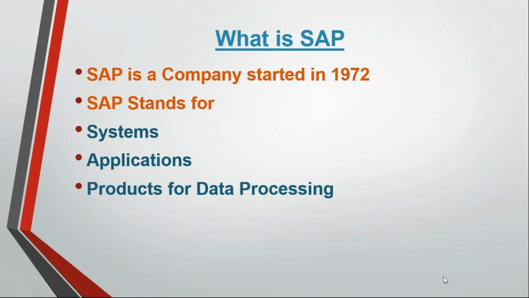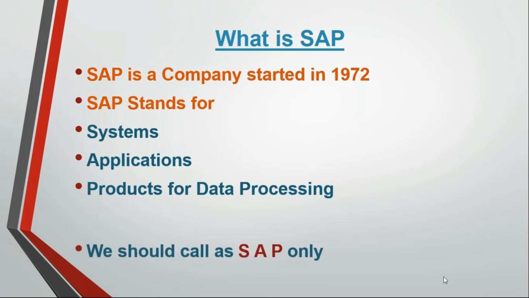Systems means operating systems; with the combination of operating systems, SAP applications and SAP products, we can process the data. So that is SAP, Systems, Applications and Products for data processing.